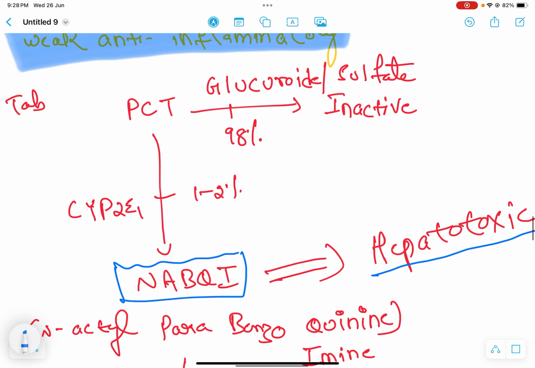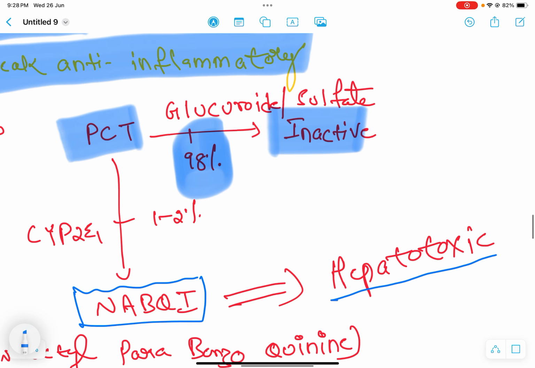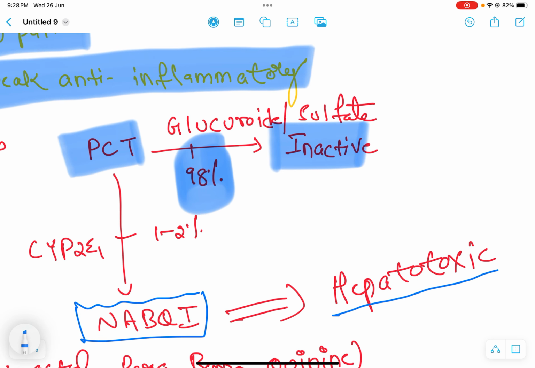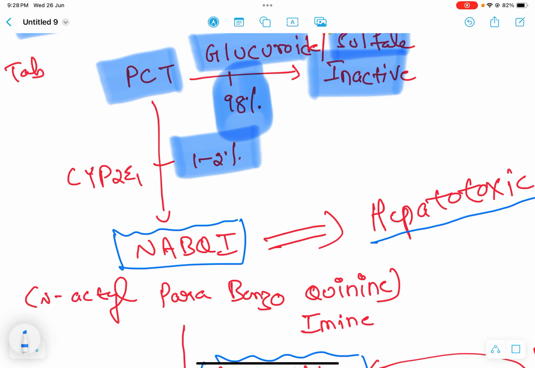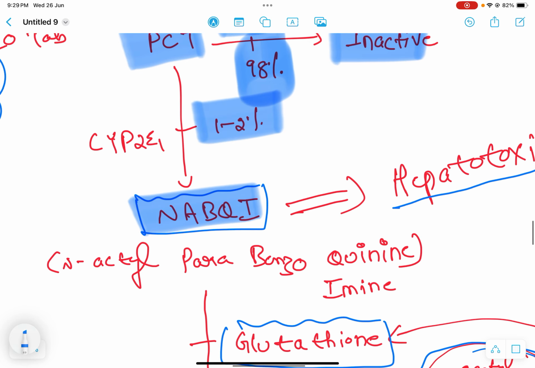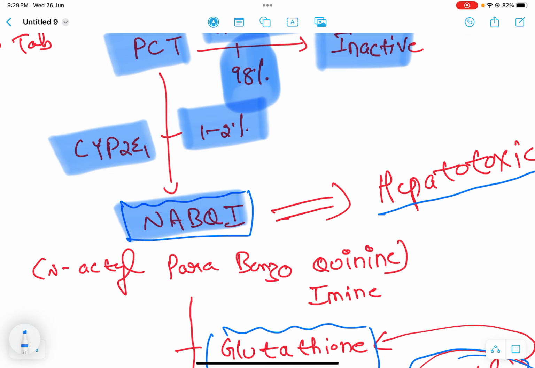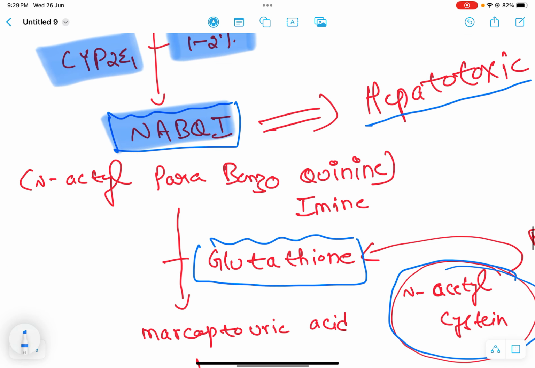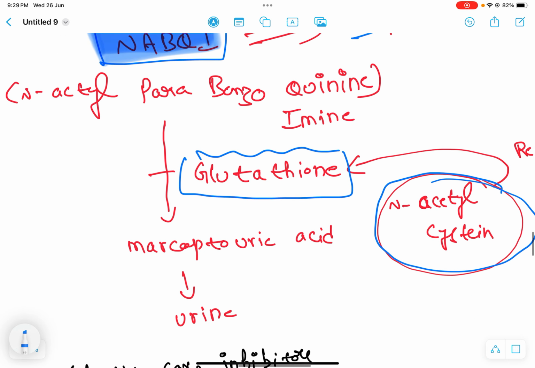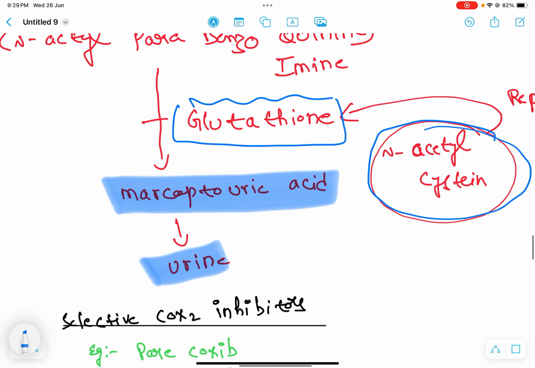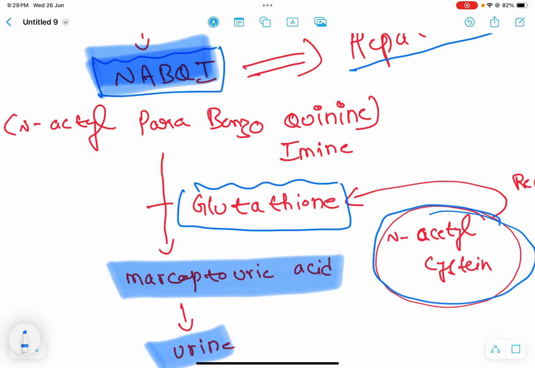Paracetamol in the body gets 90% inactivated with the help of the enzyme sulfate or glucuronide, and the rest 1 to 2% will form NAPQI with the help of the enzyme CYP2E1, and this NAPQI will get converted to mercapturic acid, which is secreted in the urine with the help of glutathione.